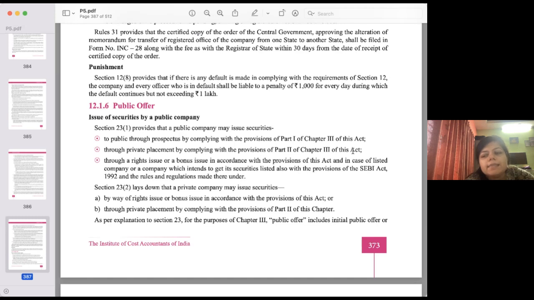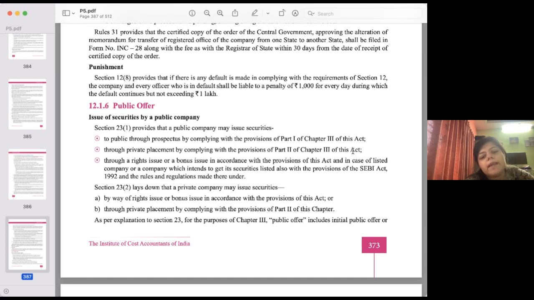A prospectus is mentioned under Section 25, 26, etc. It's basically an offer document which you have to show to people, which will be relied on by them. It would be given to the potential investors who can then make an informed decision as to whether or not to invest in that particular company. So this is a prospectus, which is a part of your public offer.